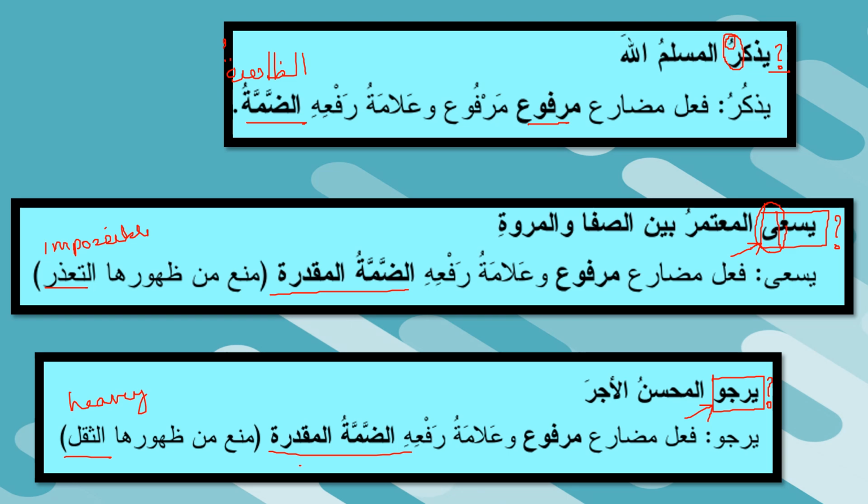You cannot put a haraka. But in the case of, and this is a very important point, the weak letters waw and ya, these two letters may accept a fatha over them in the nasb case, but it is heavy.